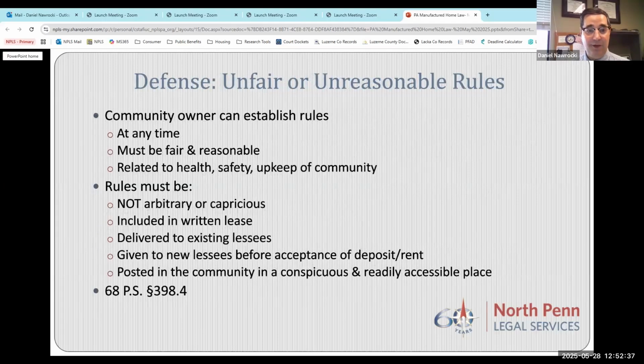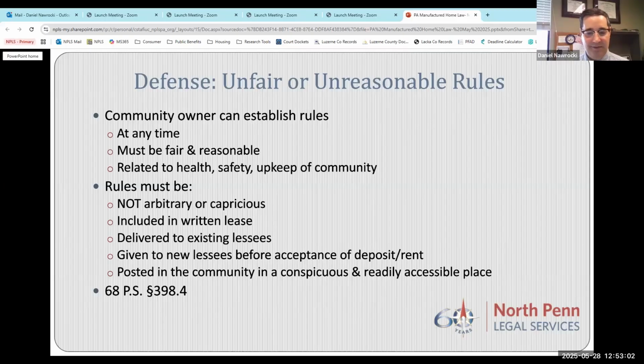The rules also can't be unfair or unreasonable. Community owners can establish all sorts of rules, and they do. They have to post the rules in a conspicuous place where people can access them. They're supposed to include them with written leases and deliver them to the mobile home residents.